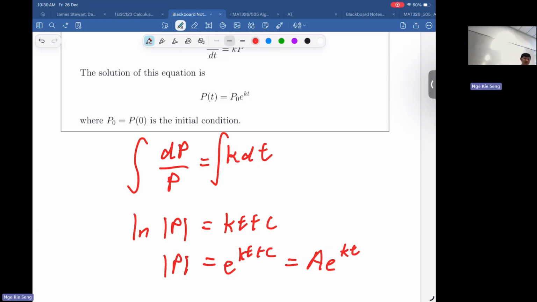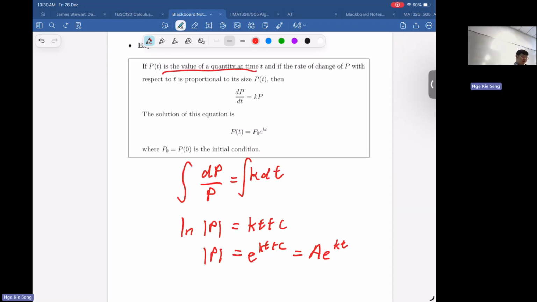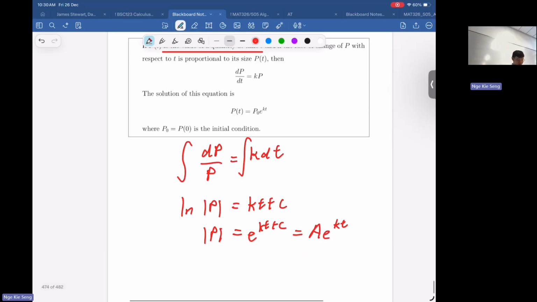Now this one is easier because there's no shifting inside the absolute value. So P has to be positive based on our assumption, because this is the value of a quantity at time t. We cannot have negative quantity. So this is more straightforward. We just let it become P equals A times e to the kt.